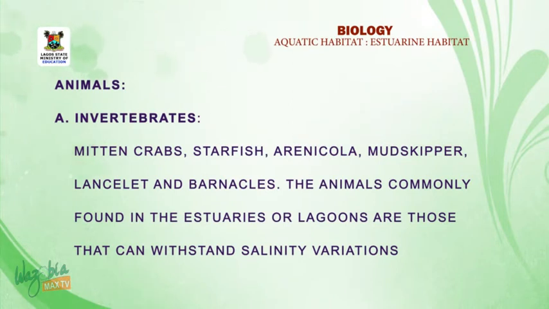We have invertebrates, we have birds, and we have mammals. Examples of invertebrates: we have crab, starfish, Arenicola, mudskipper, lancelet, barnacles. Those are the examples of invertebrates. These animals are commonly found in the estuarine or lagoon because they can withstand salinity variation.